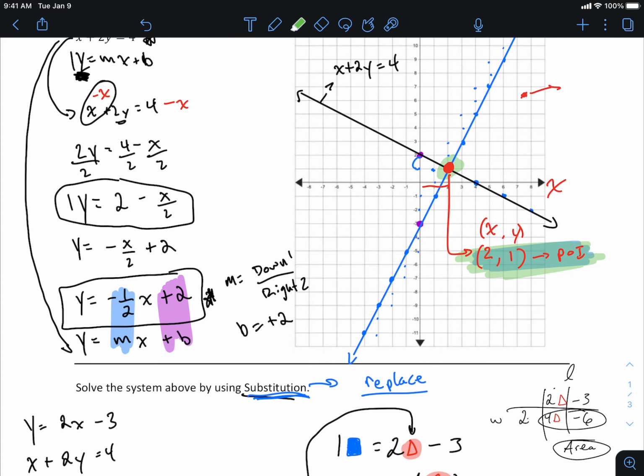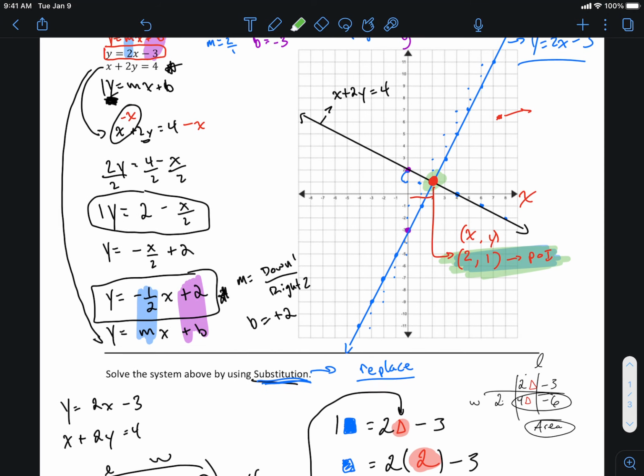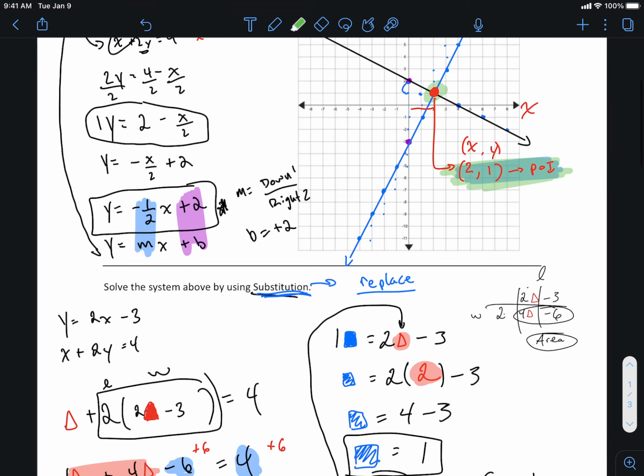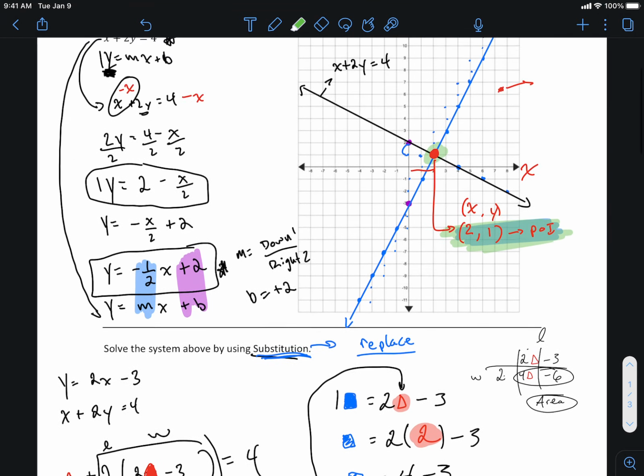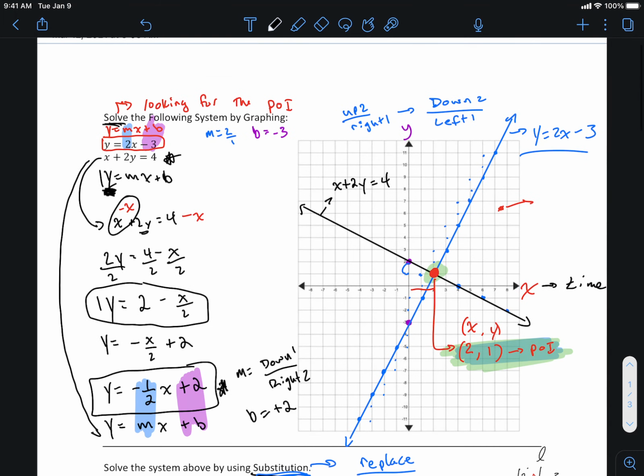And what this allows for, when you guys can do this work, and I don't expect you to be able to do it, well, hopefully by the end of the day today, but what we can do with this is pretend that we put some context, like this was time and this was the amount of money that we made or something. You can now provide context around what this point of intersection is, what it means, right? That takes us into word problems that we're going to do next week, right?